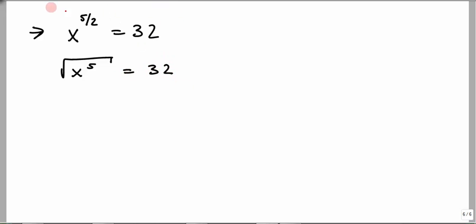So let's go ahead and look at this one graphically. Now we can graph this one of two ways. We can graph it with the square root, or we can graph it with the exponent. It doesn't matter. I'm just going to use our exponent, and we'd have to subtract the 32 across and get it set equal to 0. So let's look at x to the 5 halves minus 32 equals 0.